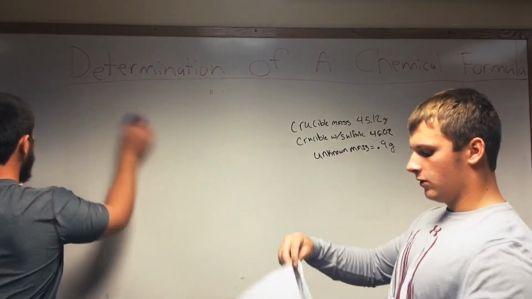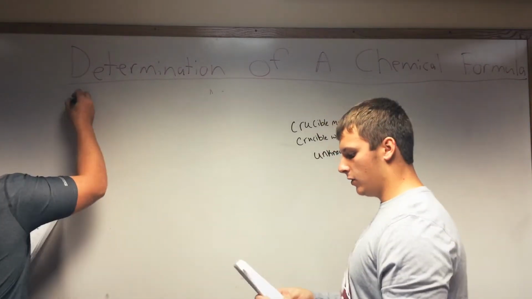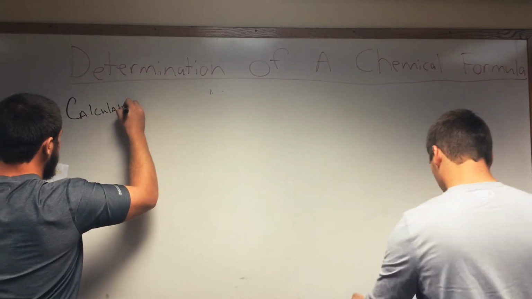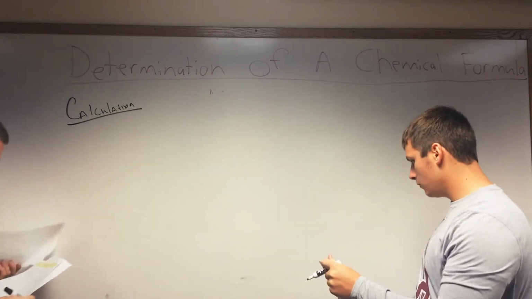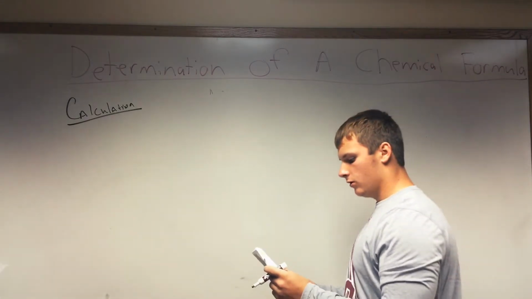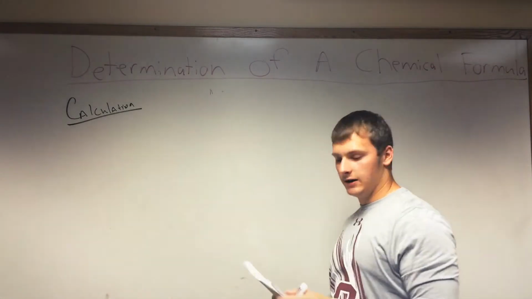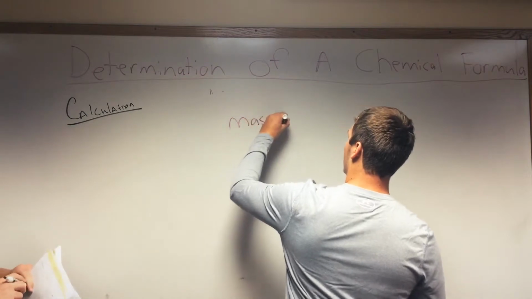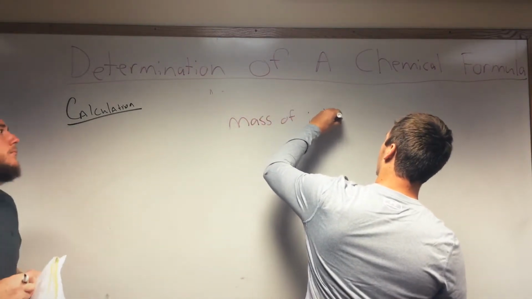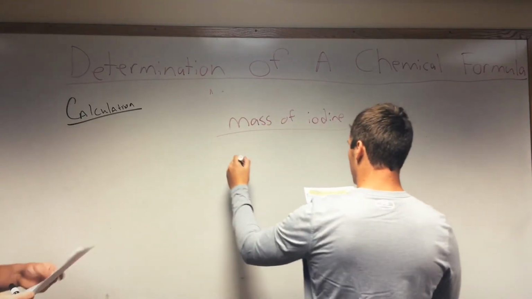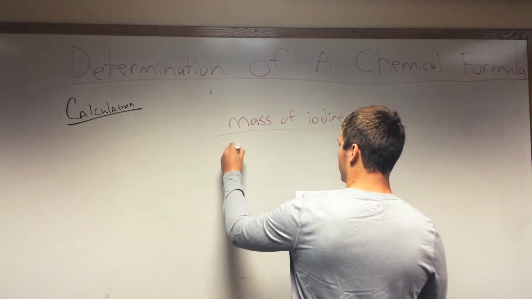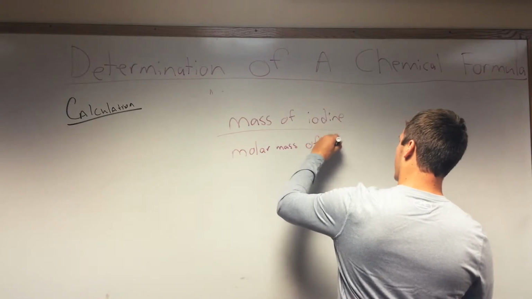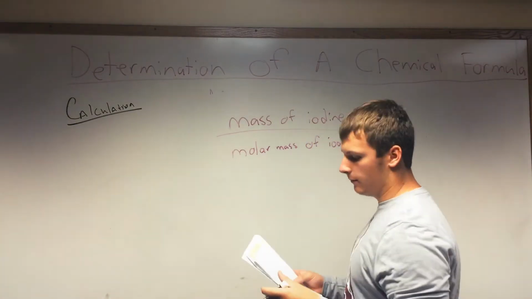So then, for all of the calculations to find the moles of the iodine, to find the moles of iodine used, we had to take the mass of iodine over the molar mass of atomic iodine, and this will give us how many moles of iodine we get.